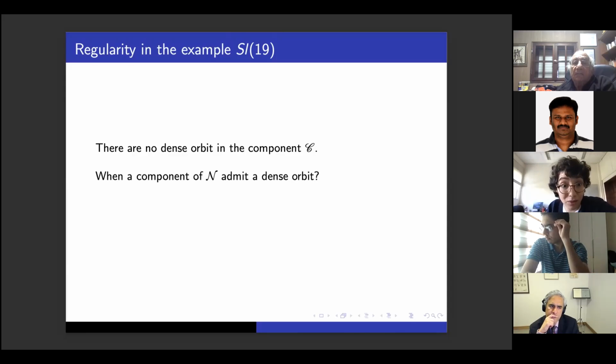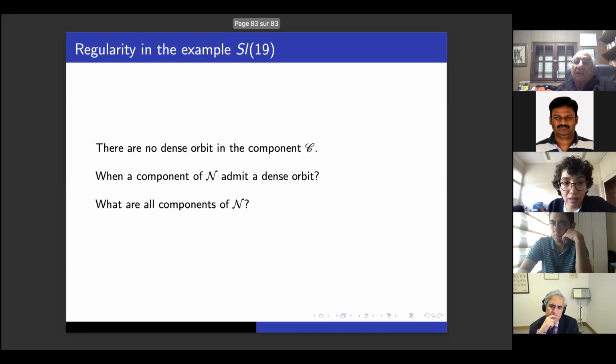So the questions that we could answer in the near future are: when does a component of N admit a dense orbit, and secondly, what are the components of N?